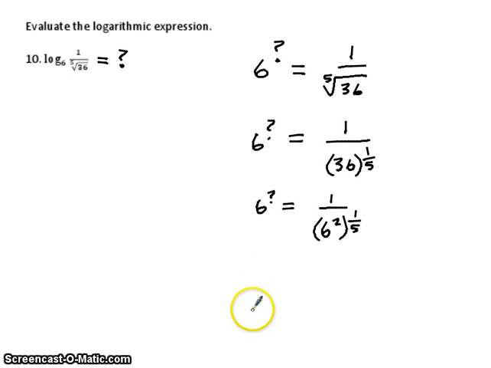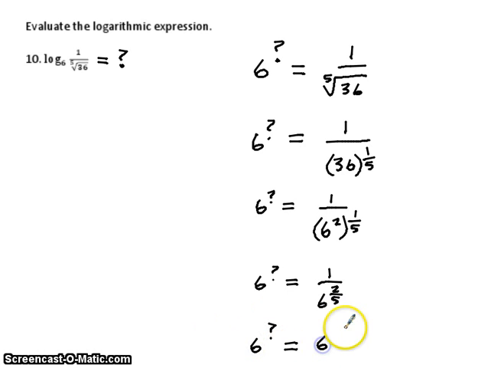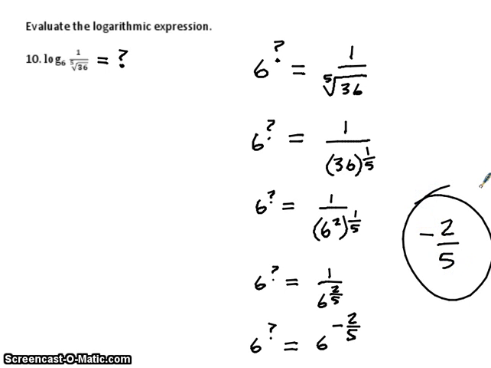Alright, so now we have 6 to the second to the 1/5. And we have 6 to the 2/5 down in the denominator, and so that gives us 6 to some power equals 6 to the negative 2/5 if we cross the line, change the sign. So that means that our answer is a negative 2/5.